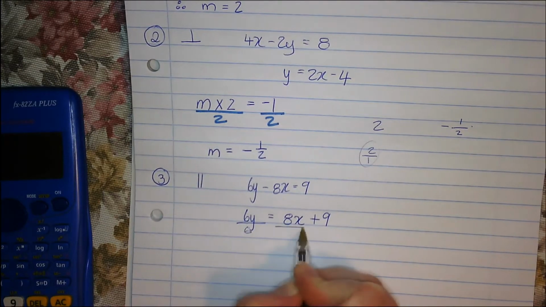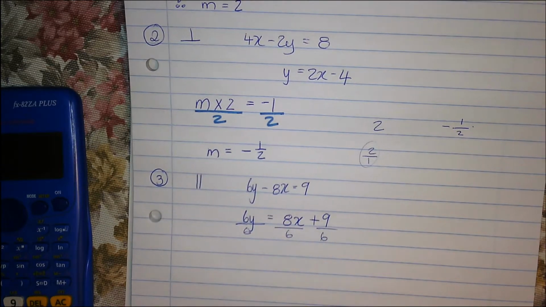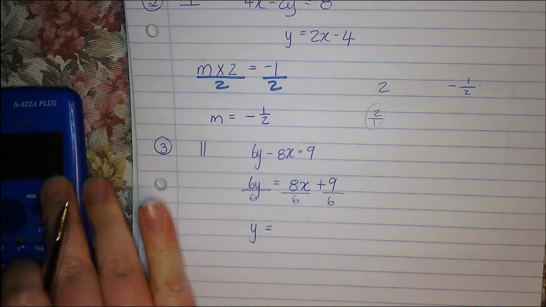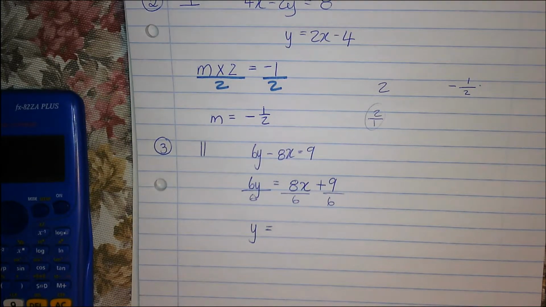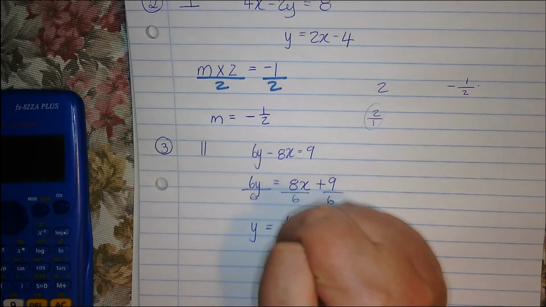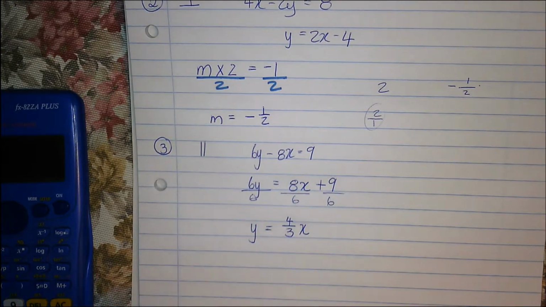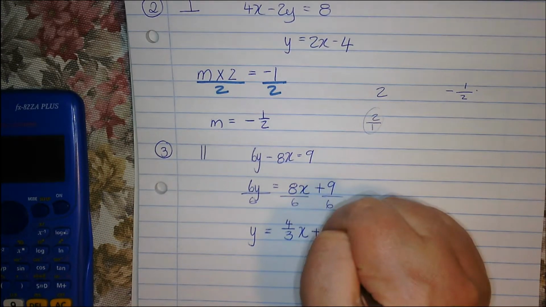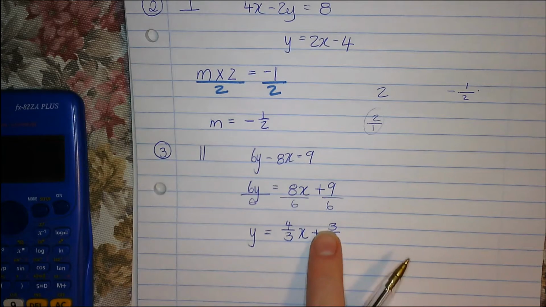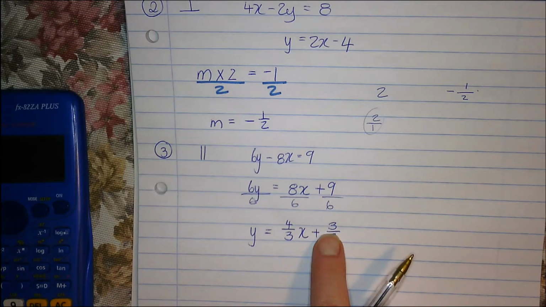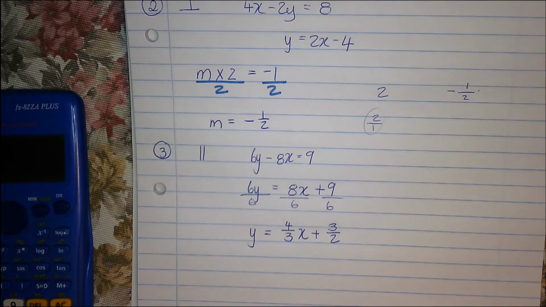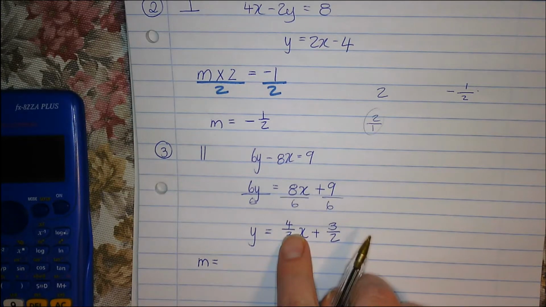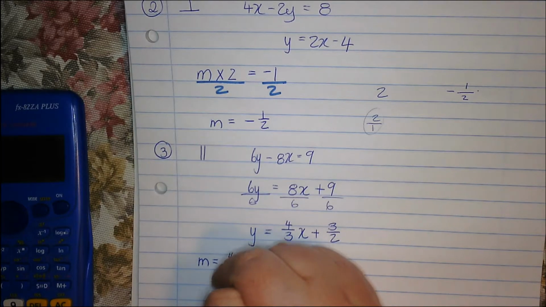Then we're going to divide by 6 throughout, and this is going to give me y, and don't be afraid to use your calculator for this, because we're not testing your fractions, we are only testing your straight line knowledge. Okay, so that's the line that the gradient that we're looking for is parallel to. And parallel means they have the same gradient, so it's 4/3.